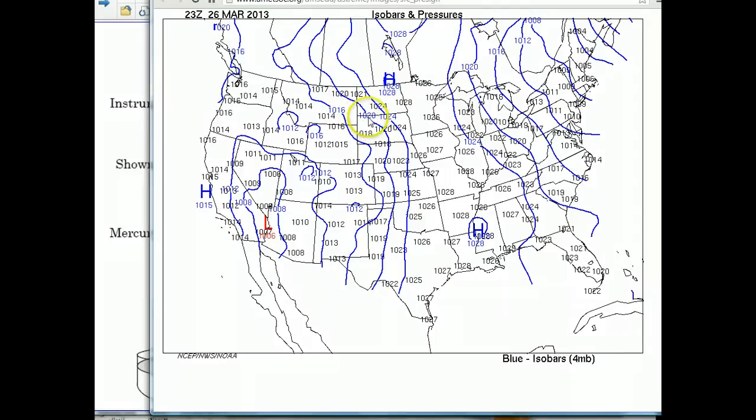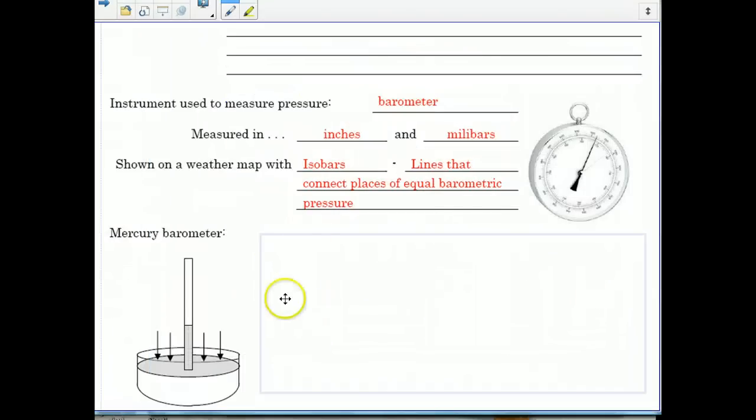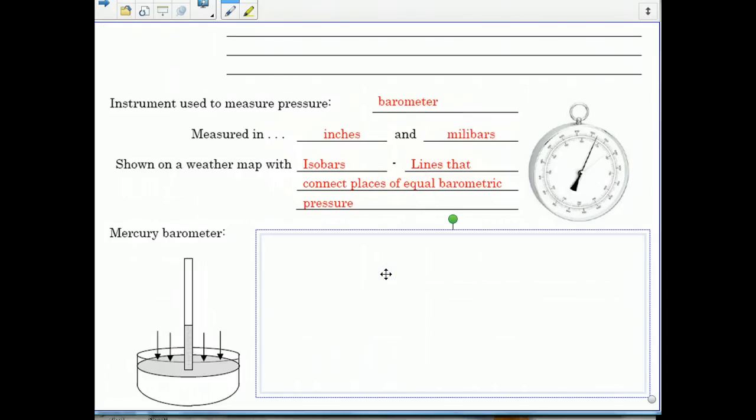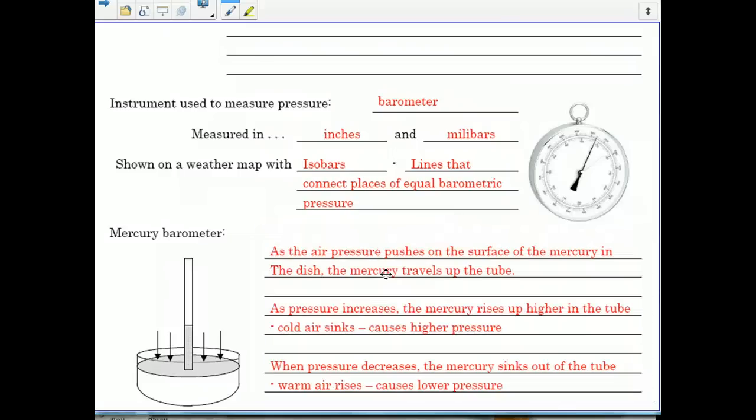Here's 1016, 1020, 1024. And the highs and lows that you see on a weather map are from those. So highs, lows based on the millibars from that. And so we use that as our way to talk about what's happening with pressure, because winds are all about pressure differences, and we'll get into how that pressure differences affect winds.